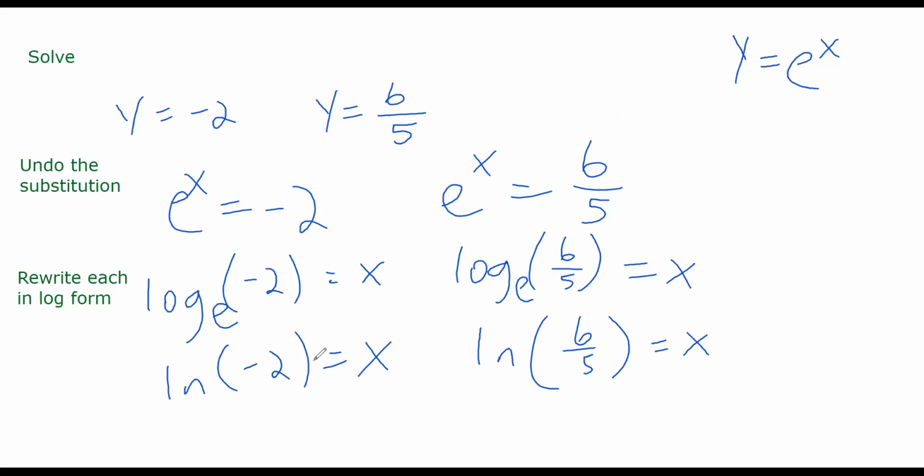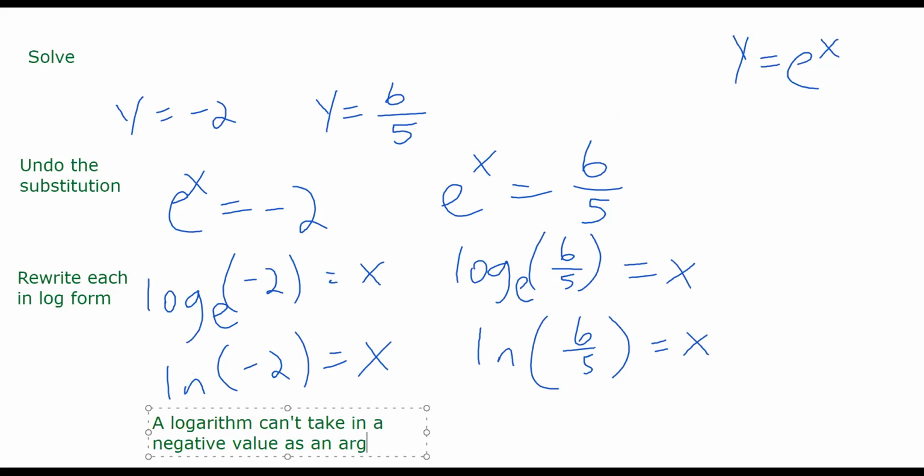So if we look at each of these, this one has a huge problem because a logarithm can't take in a negative value as an argument. That's not allowed.